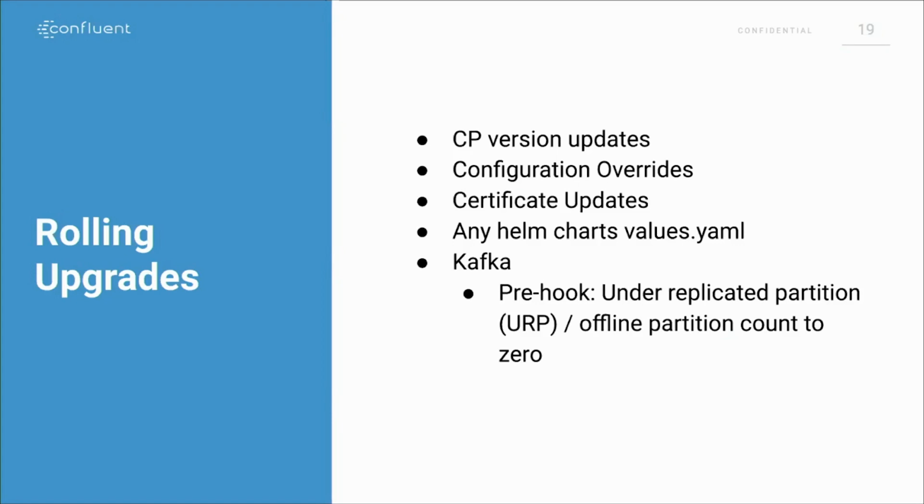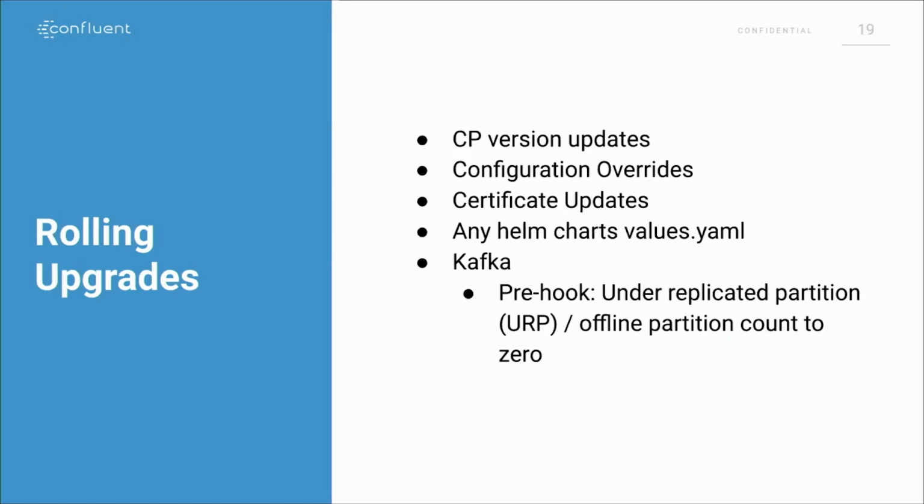Certificate objects are very important. Today we expect users to pass certificates, which means the user has to manage the lifecycle of certificates. If the certificate is getting expired, all you have to do is run the Helm update command.